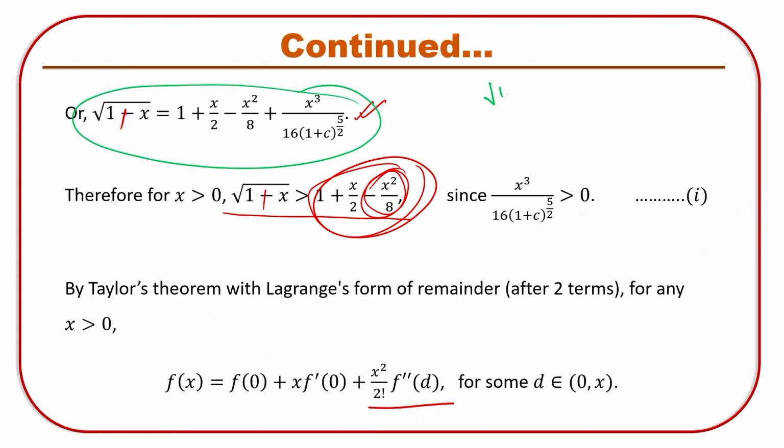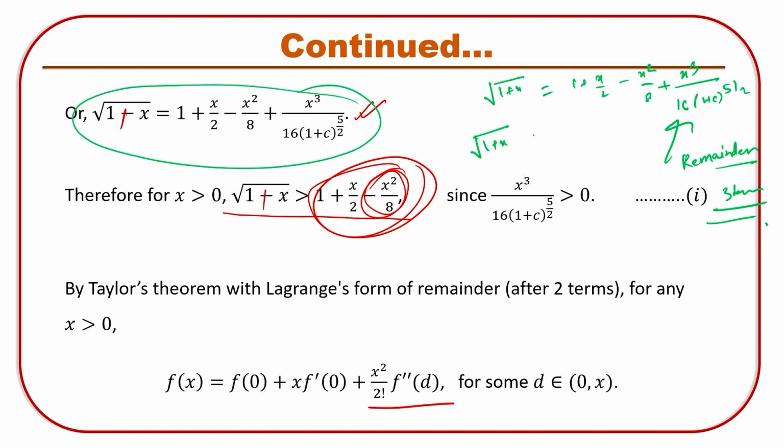So, the square root of 1 plus x is equal to 1 plus x by 2 minus x square by 8 plus x cube divided by 16 into 1 plus c to the power 5 by 2. This is the remainder term after 3 terms. Since x is greater than 0, the square root of 1 plus x is greater than 1 plus x by 2 minus x square by 8, because the remainder is a positive number.